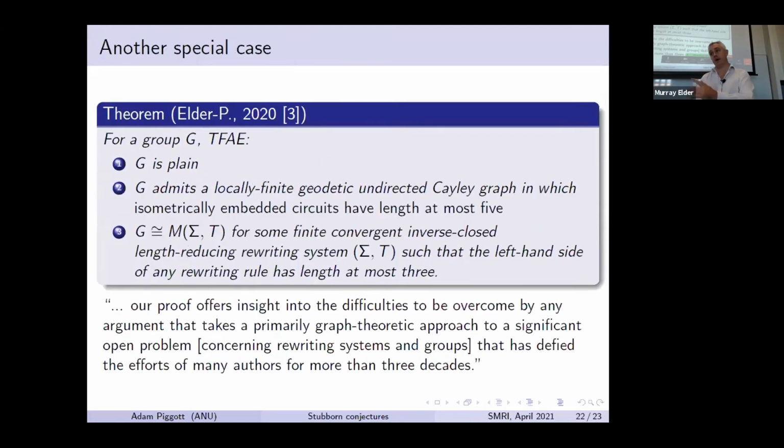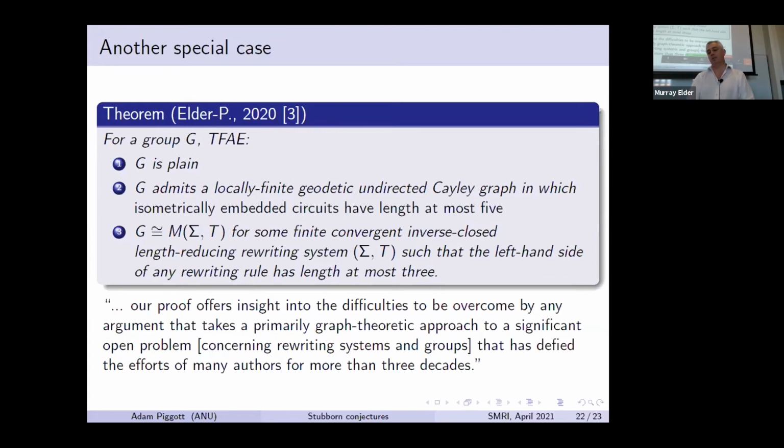And then Murray and I proved another special case where we took our first steps away from right-hand sides of length at most 1 and said, well, what about right-hand sides of length at most 2, which turns out to give us left-hand sides of length at most 3. It's enough to think about this, and we can prove that any group you present this way has to be plane.